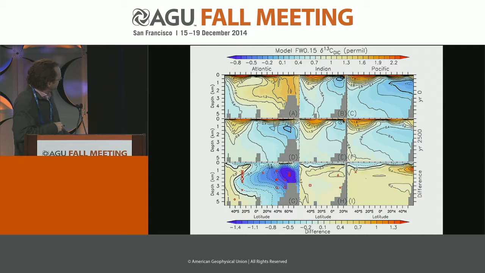You can see these large decreases at intermediate depth in the North Atlantic, the largest amplitude decreases of more than 1 per mil. And then this amplitude decreases as you go further south and deeper in the water column. In the South Atlantic, you can see it increases in C13. Also, in the deep Indian Ocean and in the deep Pacific Ocean, there are increases in delta C13, whereas the surface decreases.